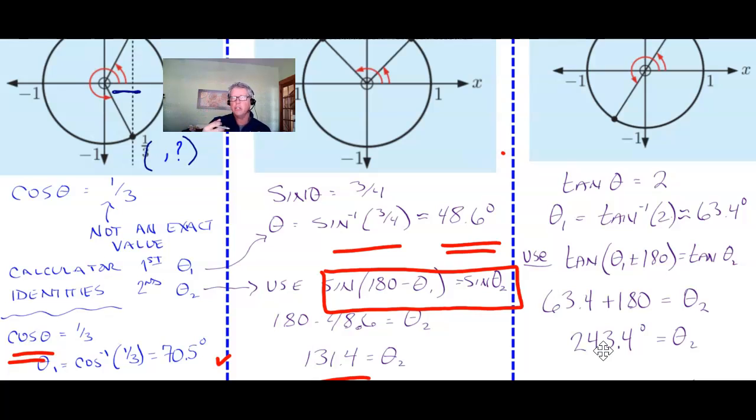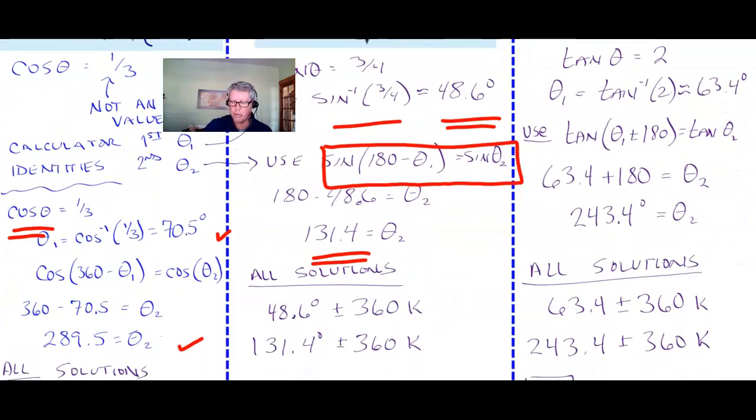So it doesn't matter. As long as you have your two base critical angles, then you just add 360 to both of those, and by adding 360 over and over again, you'll create that list of all those angles.